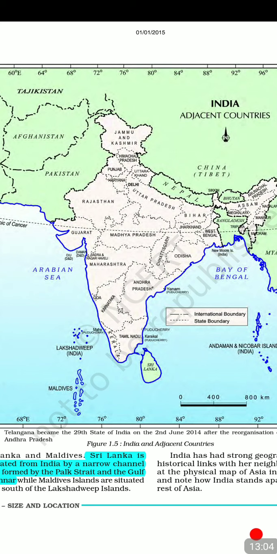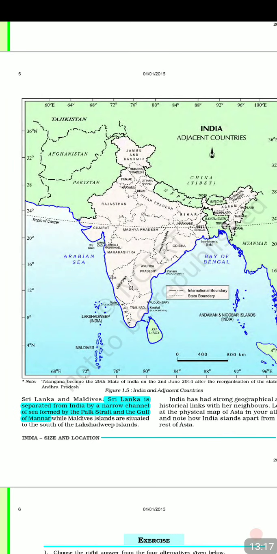Kabj is Chhattisgarh, Bengal and Jharkhand. Garam is Gujarat, Rajasthan and Madhya Pradesh. Okay. So these are the 8 states which lie on the Tropic of Cancer, right?